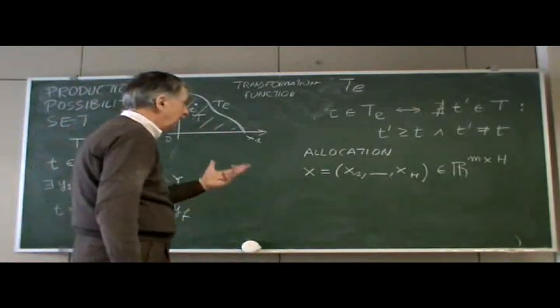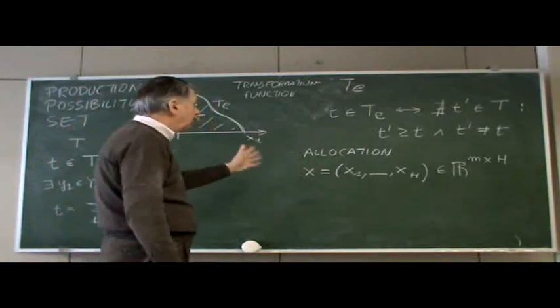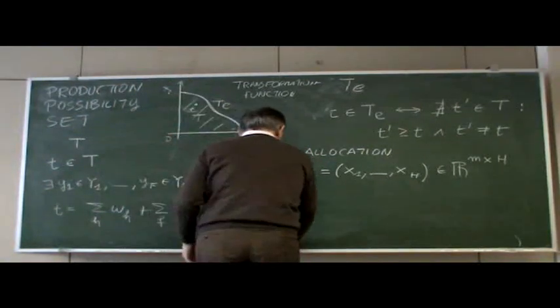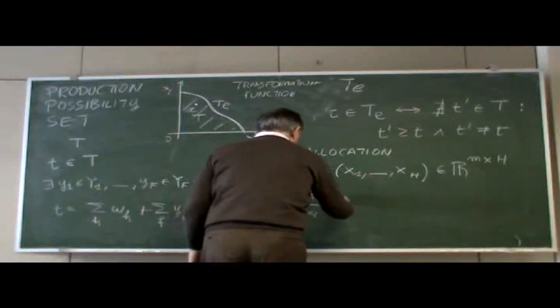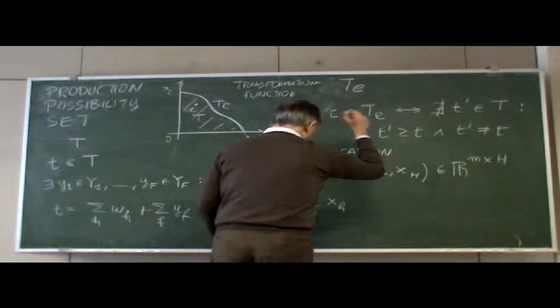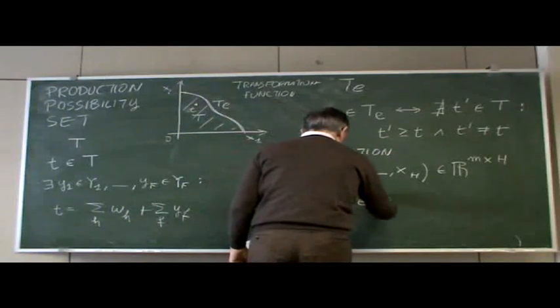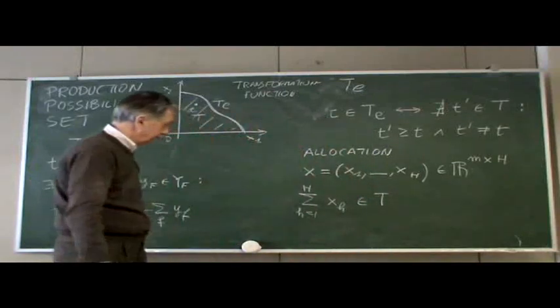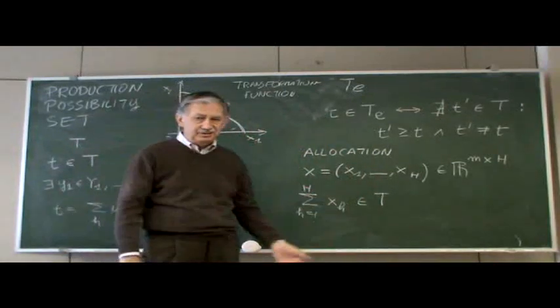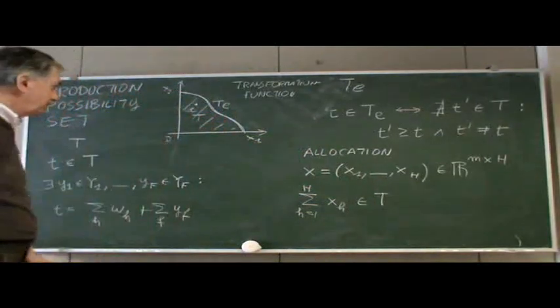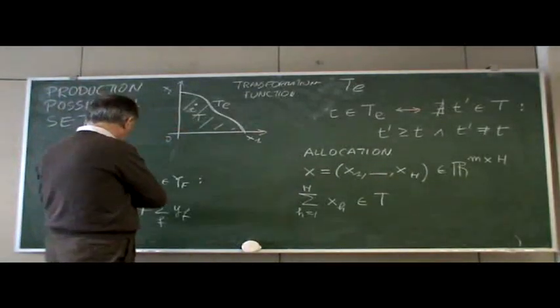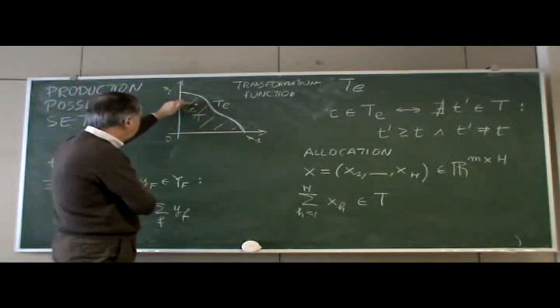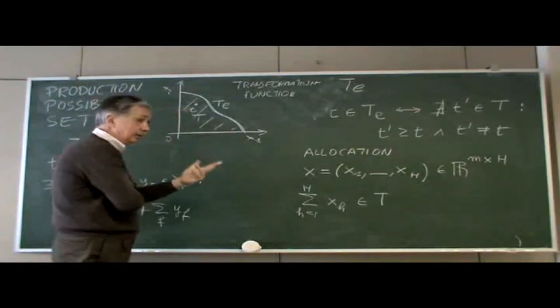An allocation. But a vector like this will be termed an allocation if and only if it verifies the following property. The sum of these components, these vectors, must be an element of T. The meaning of this condition is straightforward. This condition means that initially we produce some quantities so that in the end we have this vector t available.